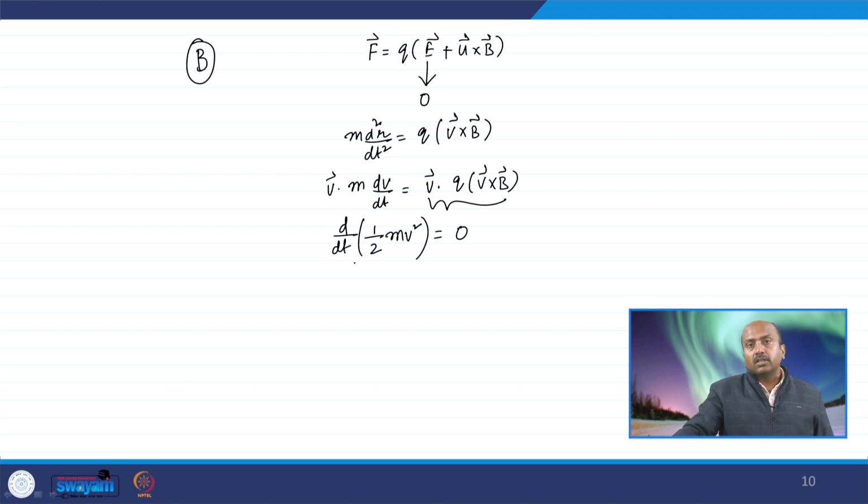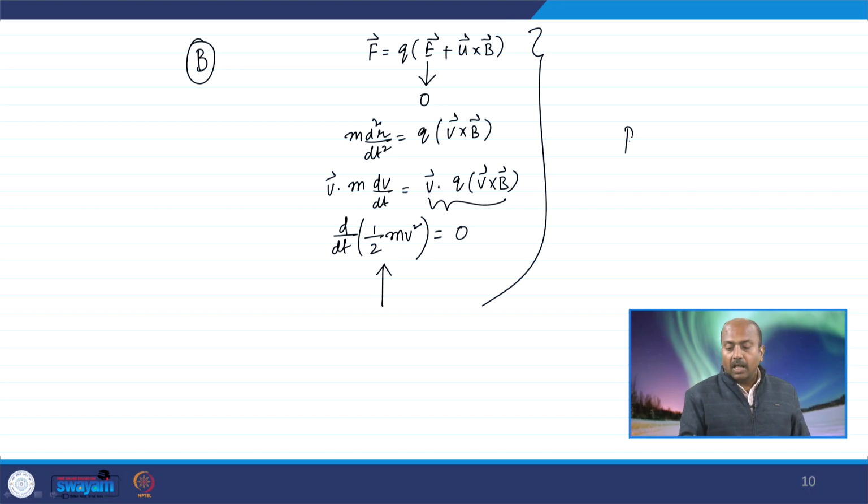Static means the strength of the magnetic field remains constant throughout time. So, when plasma is moving in a uniform static magnetic field, the rate of change of kinetic energy is 0. That means the magnetic field is not able to do any work on the plasma.